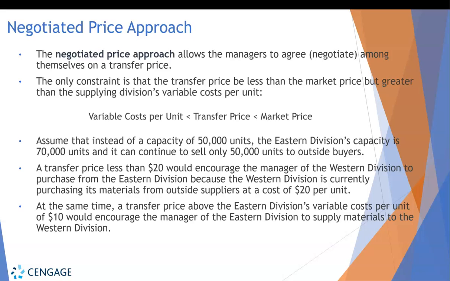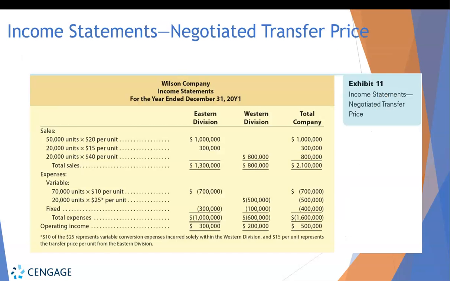But at the same time, a transfer price above the Eastern Division's variable cost per unit of $10 would encourage the manager of the Eastern Division to supply materials to the Western Division.